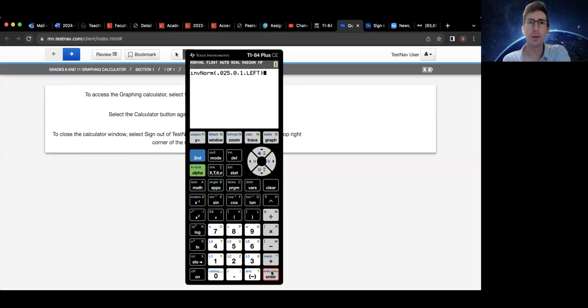Go down to paste, hit enter, and we see that the z-value that corresponds to that area under the curve is negative 1.9599. A lot of the times you'll see this just rounded to negative 1.96.